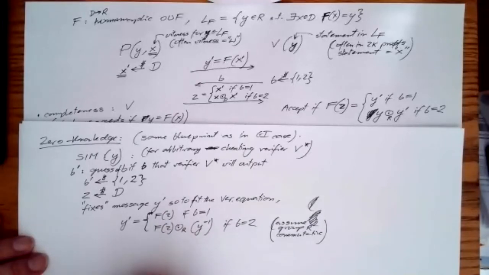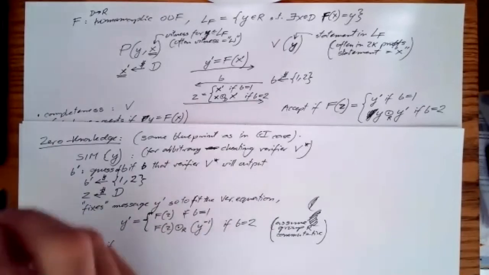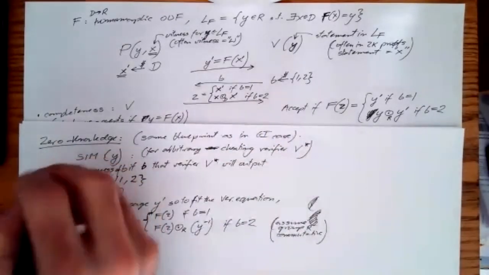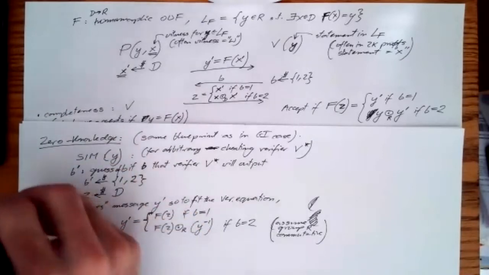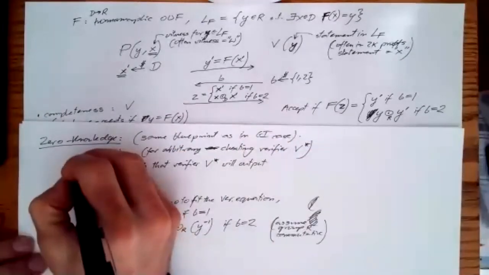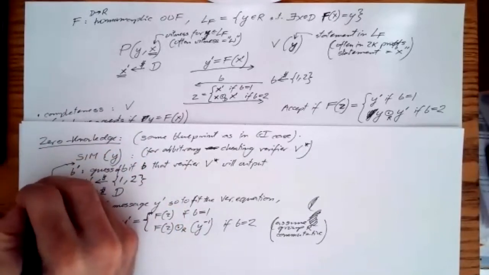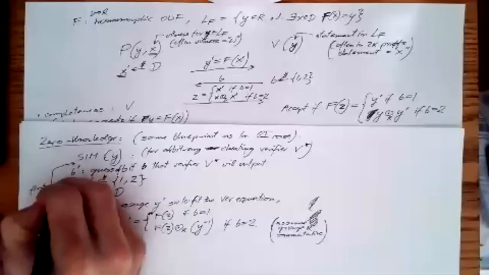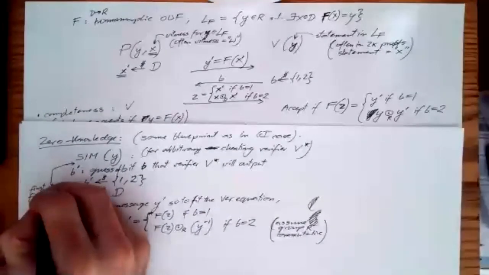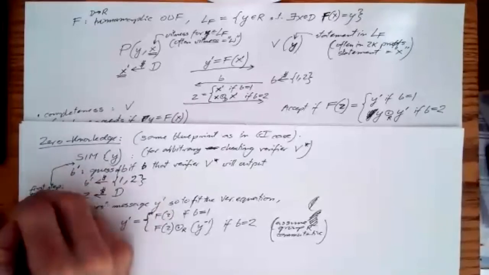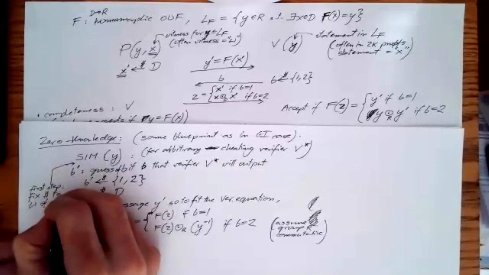And then, sorry, we forgot the first part. The first step: fix a random tape omega of V star.